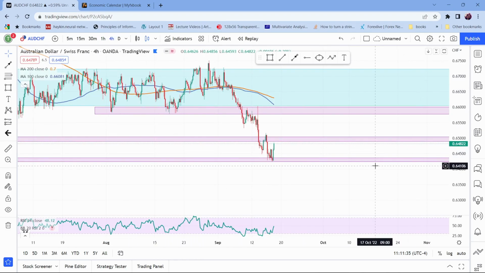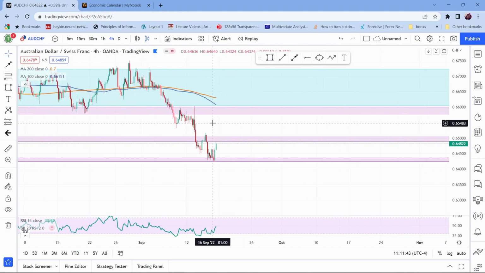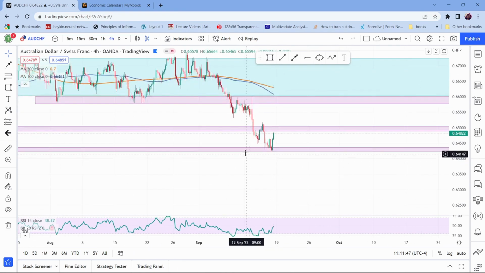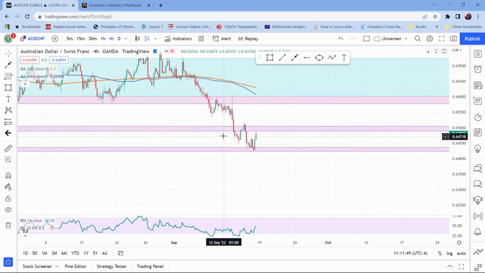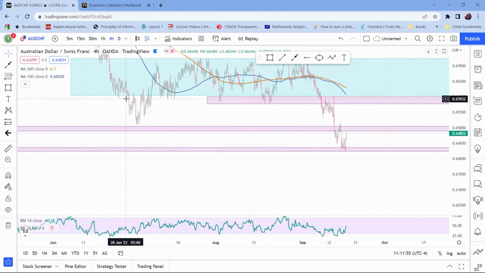When we do have strong US dollar news, it does influence these risk assets such as the AUD, CAD, and the NZD. All of them would experience some sort of sell side momentum, and this would actually be affected across multiple cross pairs.